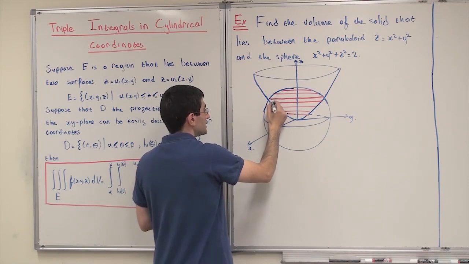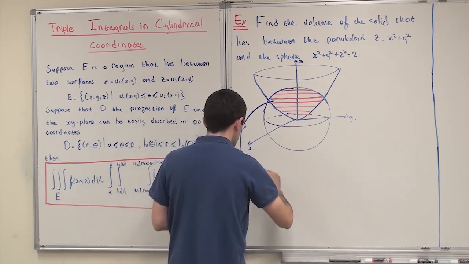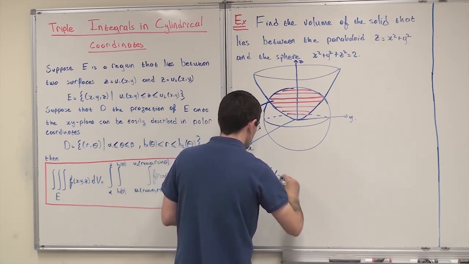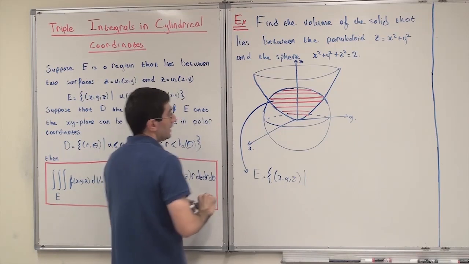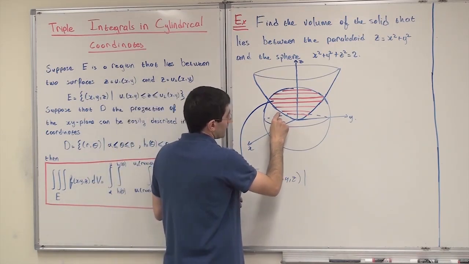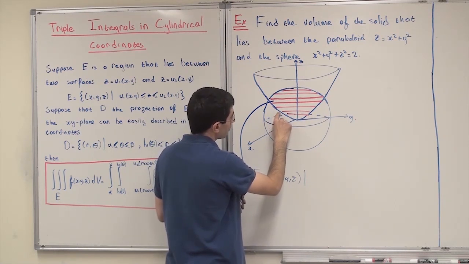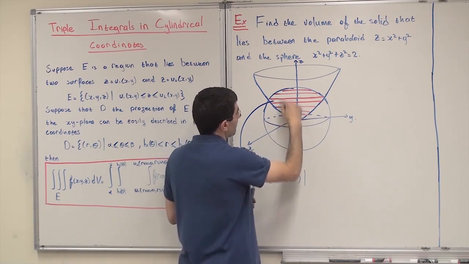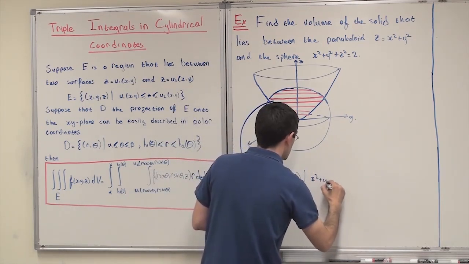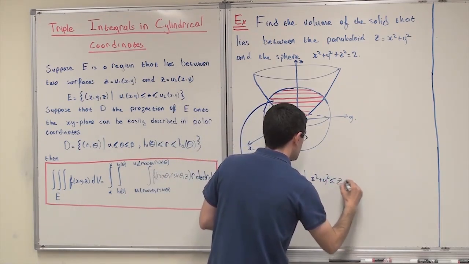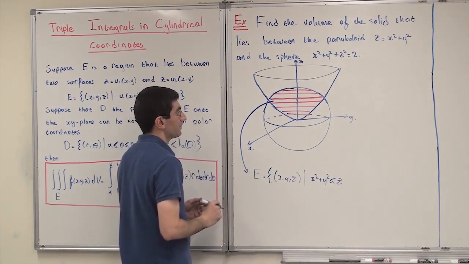So, let's describe it in Cartesian coordinates. It's the collection of points x, y, z where the following conditions are satisfied. What I see from the picture is that all the z's are above the paraboloid. So, the z's must be greater than or equal to x squared plus y squared.